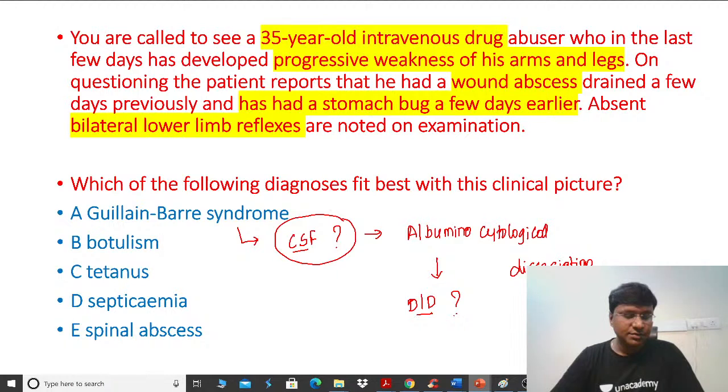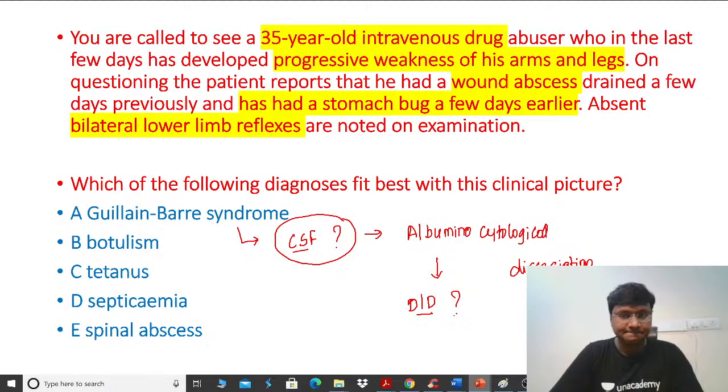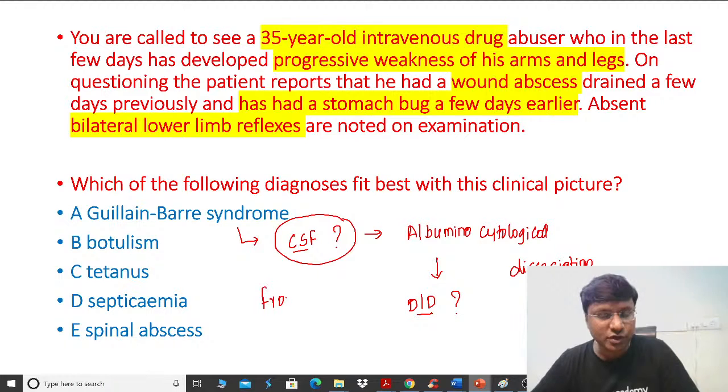No. Multiple sclerosis. Very good, Saif Shah answering the question correctly. That is Froin syndrome, which is nothing but a spinal block.